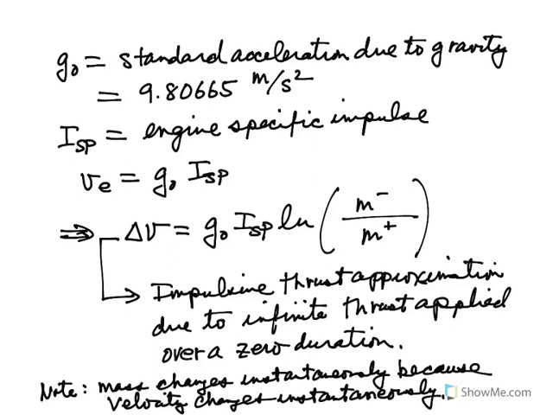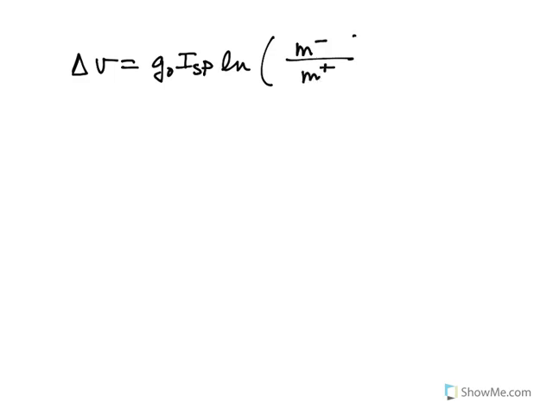So that's an important thing. So if you look at this equation, you've got delta v is equal to g0 Isp times the natural log of m minus over m plus, which could be rewritten this way.